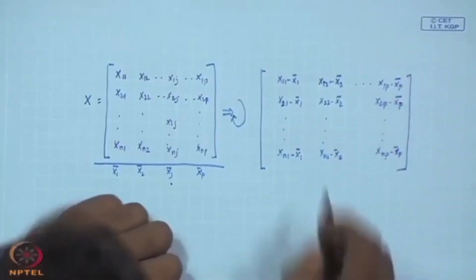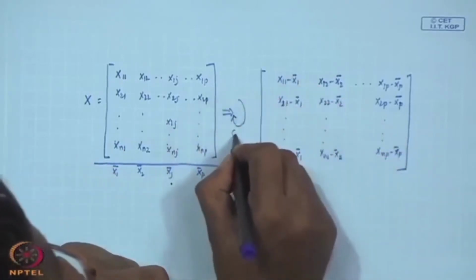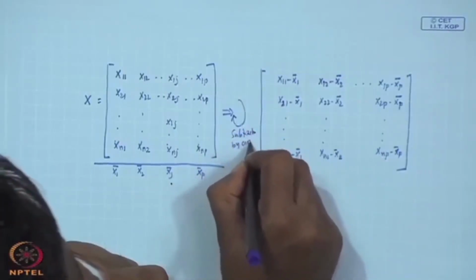Okay. So, it is basically a subtraction by the corresponding mean.